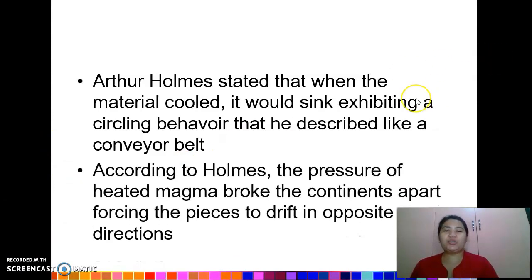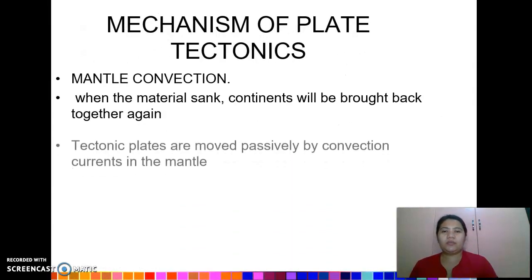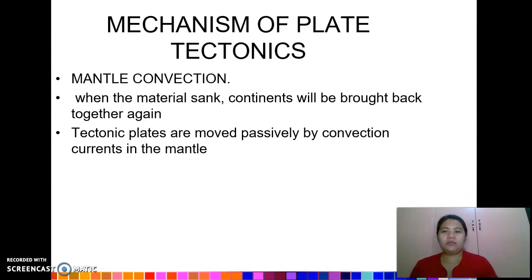According to Holmes, the pressure of heated magma broke the continents apart, forcing the pieces to drift in opposite directions. When the material sank, continents would be brought back together again. Tectonic plates are moved passively by convection currents in the mantle.